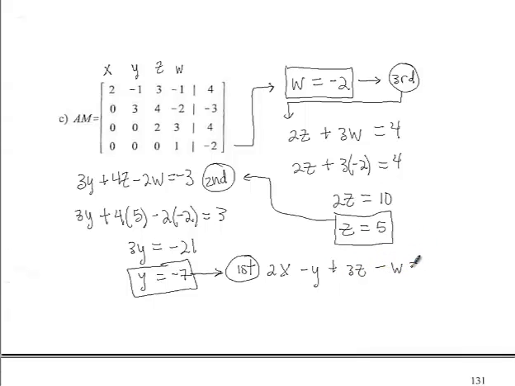So I can just simply write negative W. And then my constant is a 4. So I would have minus a -7 plus 3 times Z, which is a 5, and minus a -2 for a minus W.